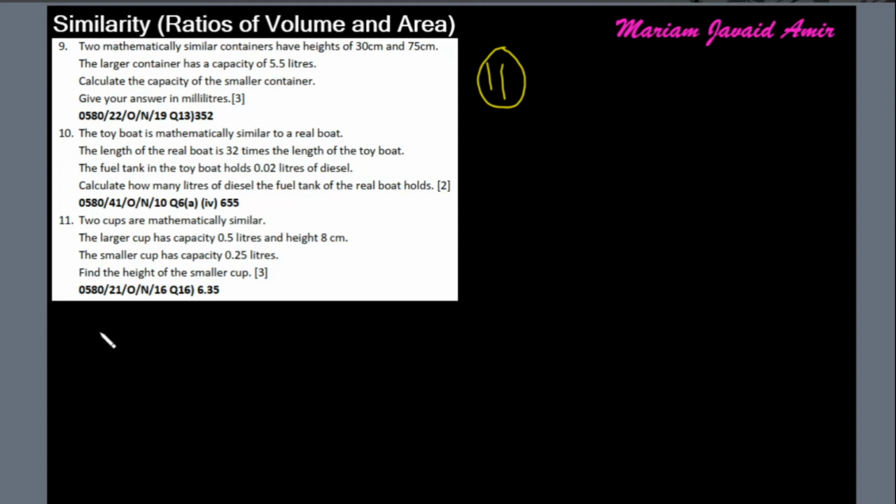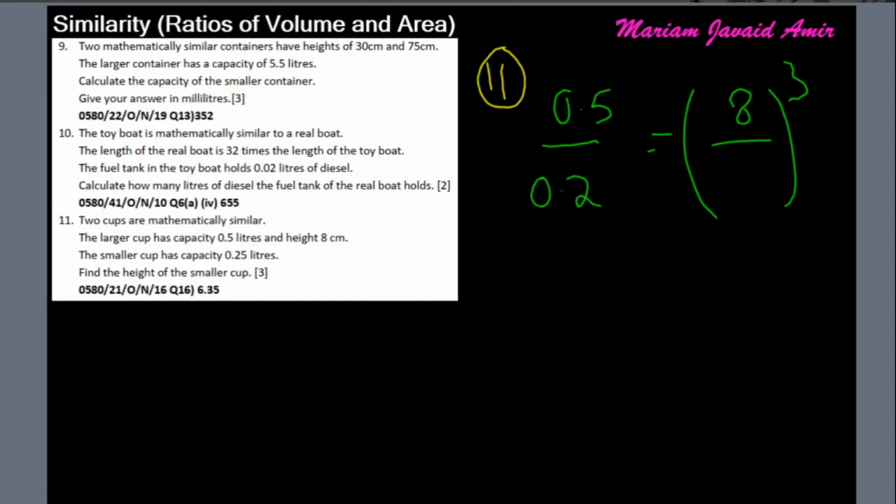Two cups are mathematically similar. The larger cup has a capacity of 0.5 liters and height 8. So let's write height along with it as well. Whole cube over the smaller cup has a capacity of 0.25. Find the height of the smaller cup x. So simply cross multiply 0.5 times, this becomes x cube, equals 8 cube times 0.25.